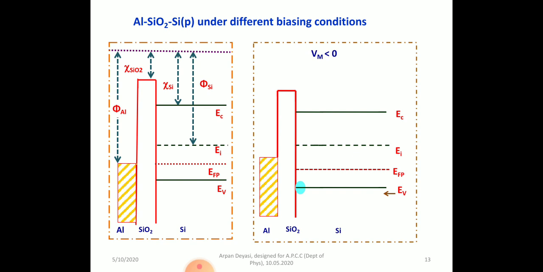So if it goes to the oxide semiconductor interface, then what will happen? You are making more and more holes at the oxide semiconductor interface. That means you have a major hole density at that part. Now in a normal p-type semiconductor, at a particular region, you are increasing the hole density. So if you increase the hole density, you are making it more p-type.